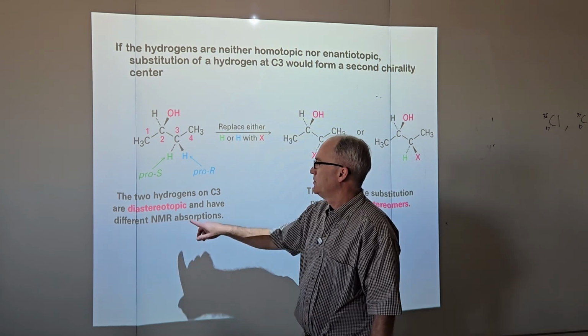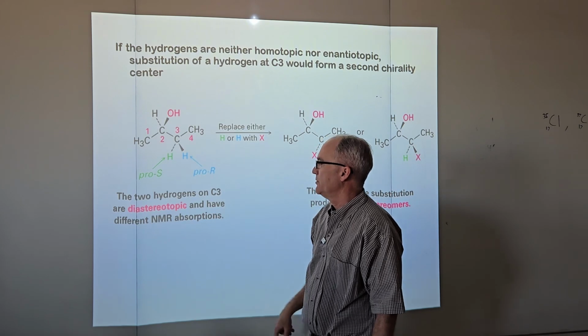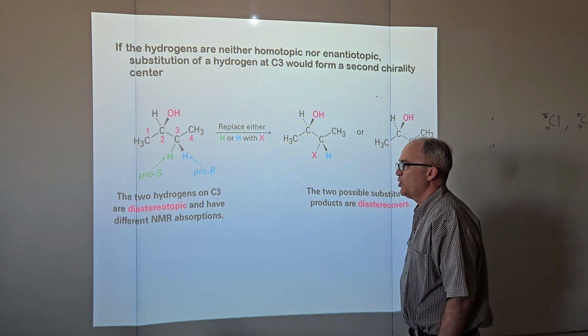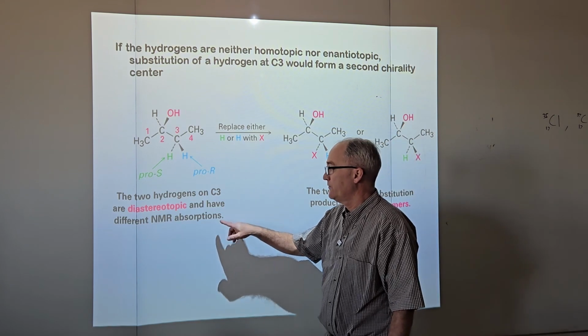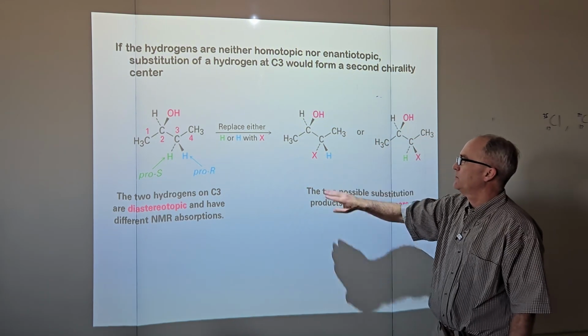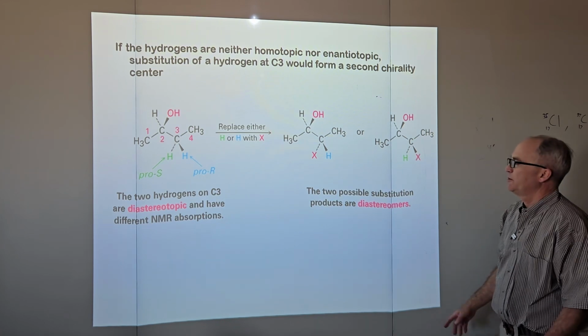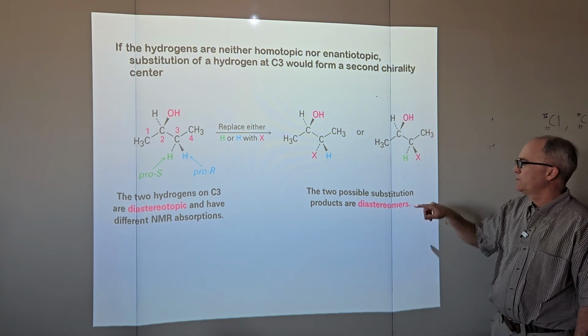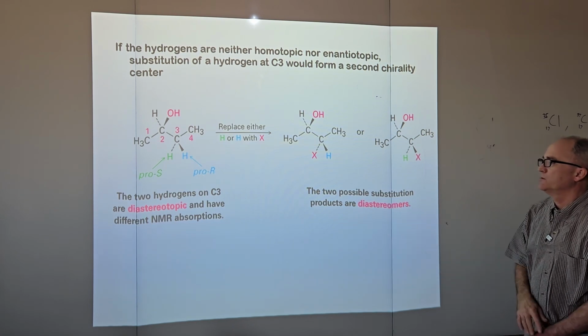Why is that? The 2 hydrogens on this 3rd carbon are said to be diastereotopic and have different NMR absorptions. Because if we replaced one of those with an X, some imaginary atom, then the 2 substitutions give us diastereomers.